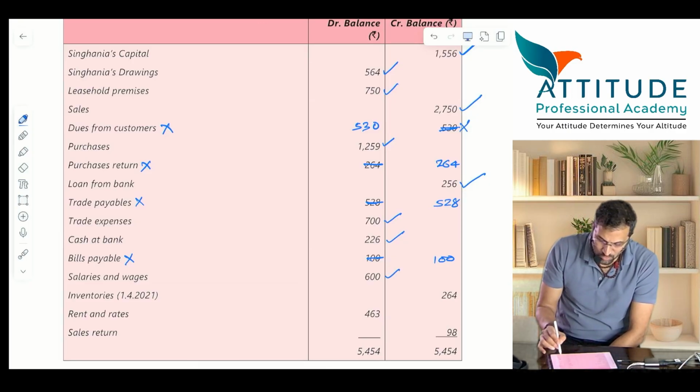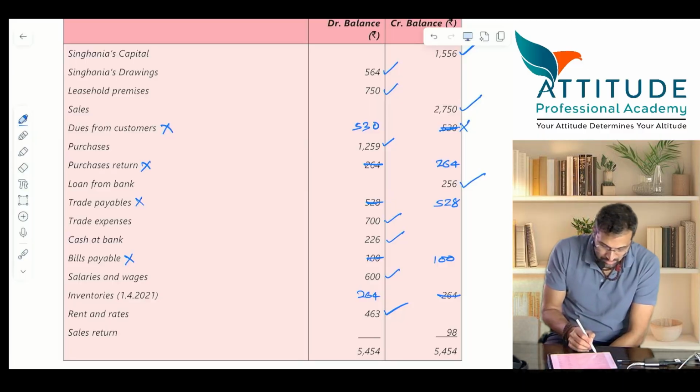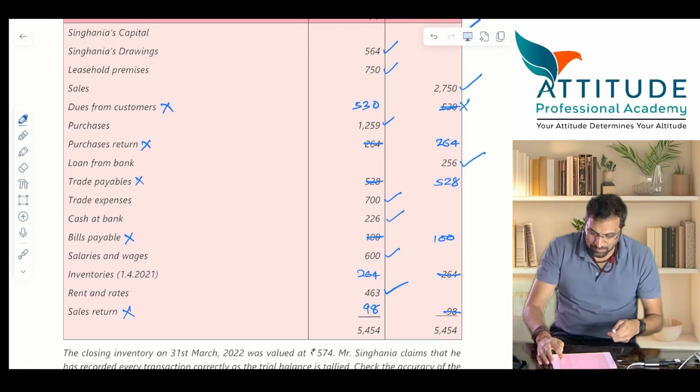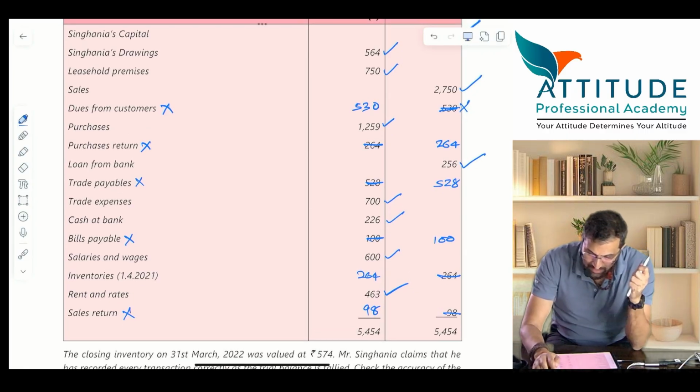Inventory, opening stock. Stock is an asset. Asset will always show debit. So 264 इधर आना चाहिए. Rent and rates it's an expense correct है. Sales return wrong क्योंकि sales will show credit balance, sales return will show debit. So 98.